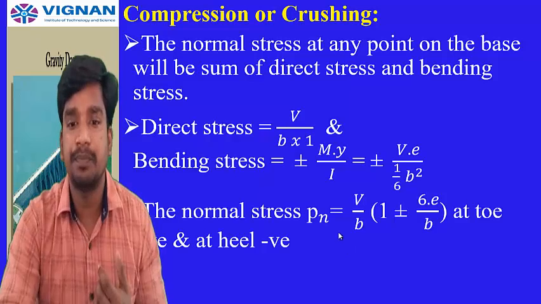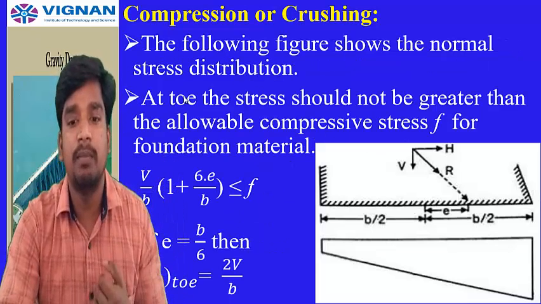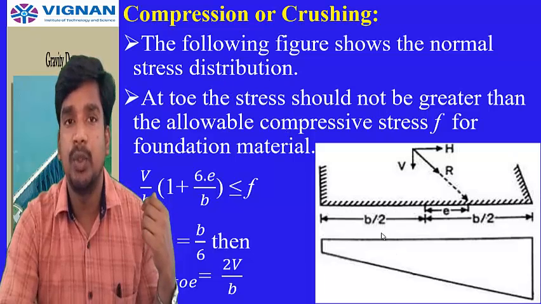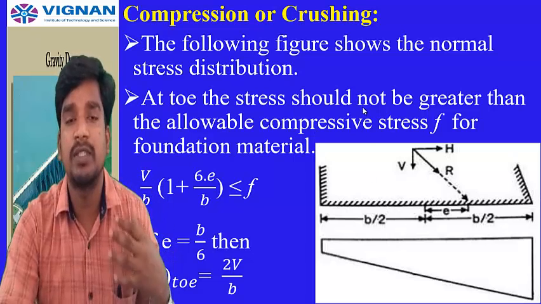Now here in the picture you can see the stress distribution below the base. The following figure shows the stress distribution. So at toe, the stress should not be greater than the allowable compressive stress.